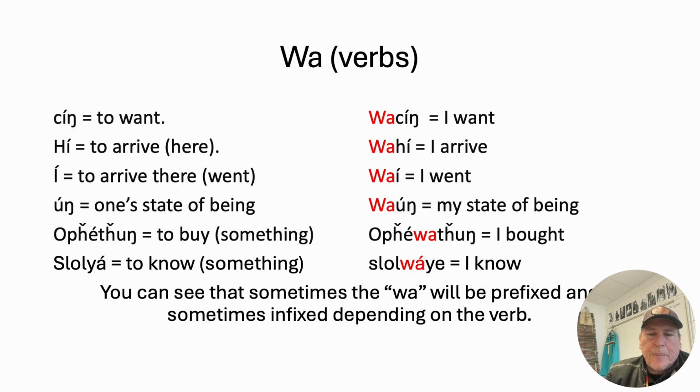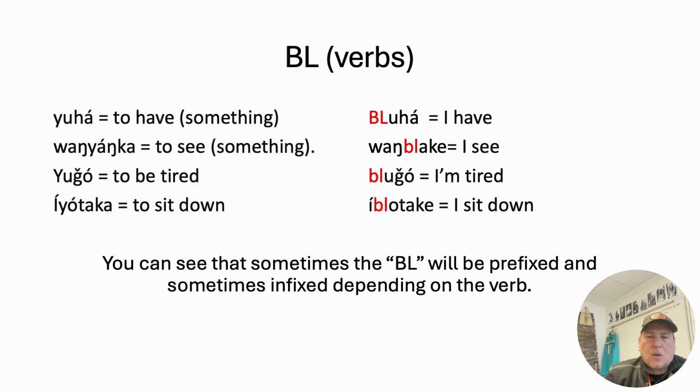I buy or I bought something. Slolya, to know something, take slolwaye. All right, so that wa changes it to I know, but it is not prefixed, it's infixed. So that's why I said it's very important to keep track of your verbs, find out where it conjugates, and make sure you put that in the right place.